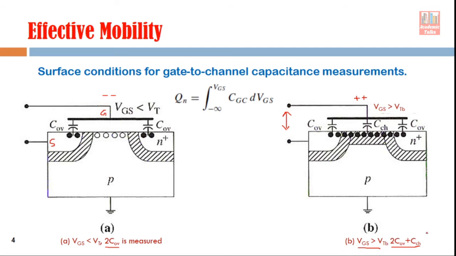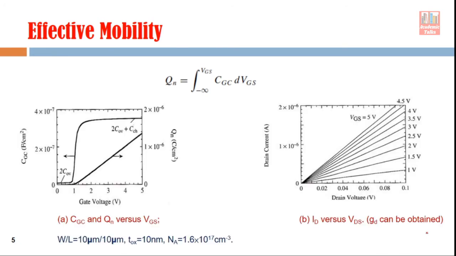Now, in the next slide, you will see how this measurement helps us improve accuracy in the capacitance measurement. Look at this graph. On the x-axis there is gate voltage, and here this is capacitance.